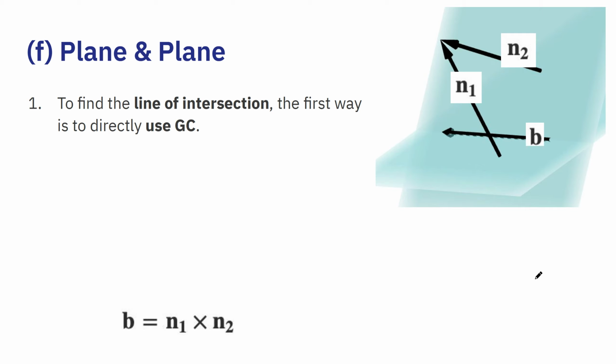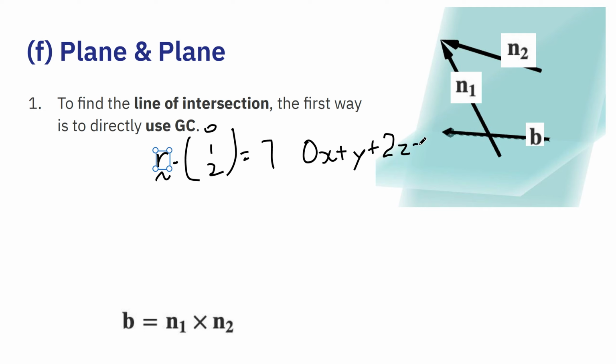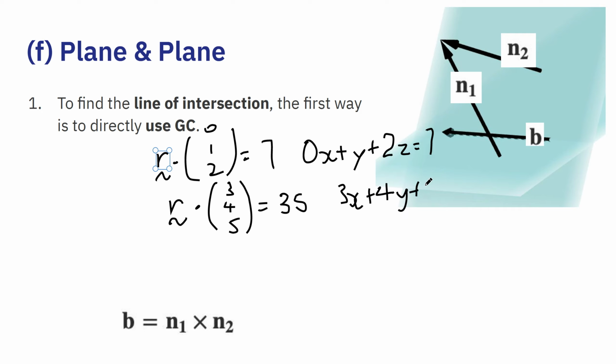So what we do is we look at the Cartesian equations of the two planes. Let's say our first plane is an equation like this. So this will have a Cartesian equation 0x plus y plus 2z equals 7. And let's say we have another one, r dot (3, 4, 5) equals 35. We will get the equation 3x plus 4y plus 5z equals 35.